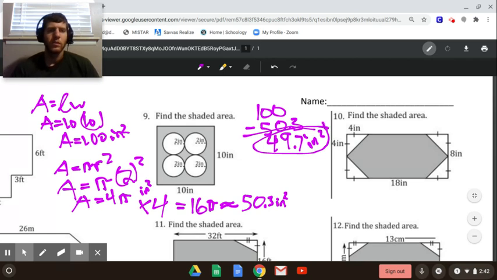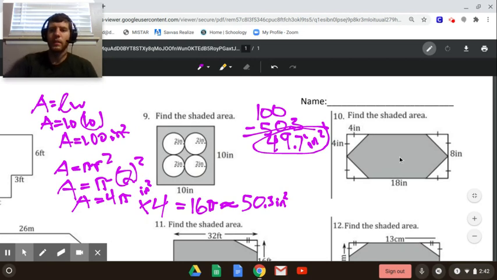Area of the whole thing is 100. Subtract away the area of the 4 circles. Each circle is 4 pi inches squared. So together, all 4 add up to 50.3 inches squared, and then you subtract that from the big rectangle to get the shaded part. Okay, number 10.